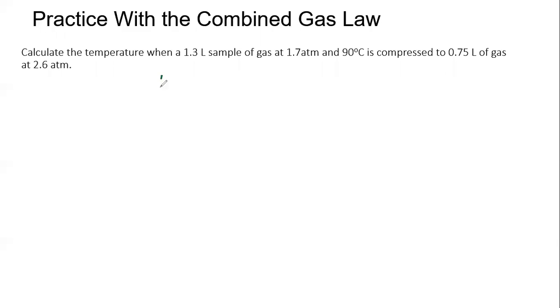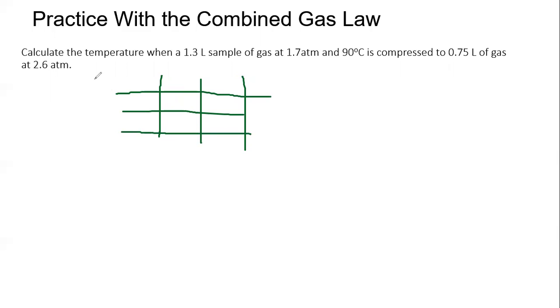Again, we'll draw our table. We have pressure, volume, temperature. We have the initial, final, and our prediction. So again, we know that it's the combined gas law, not just because the title says so, but you see that three properties are changing.